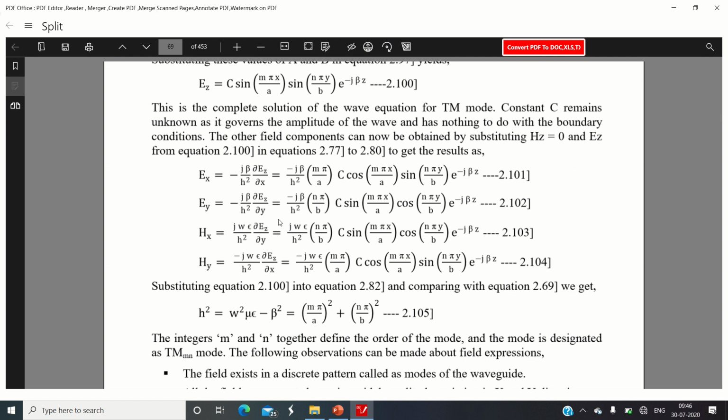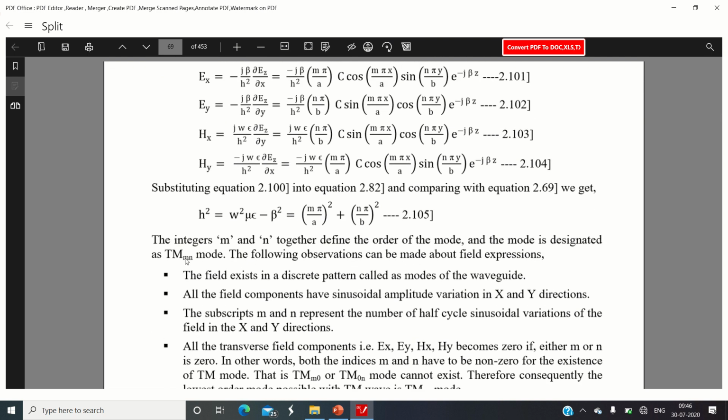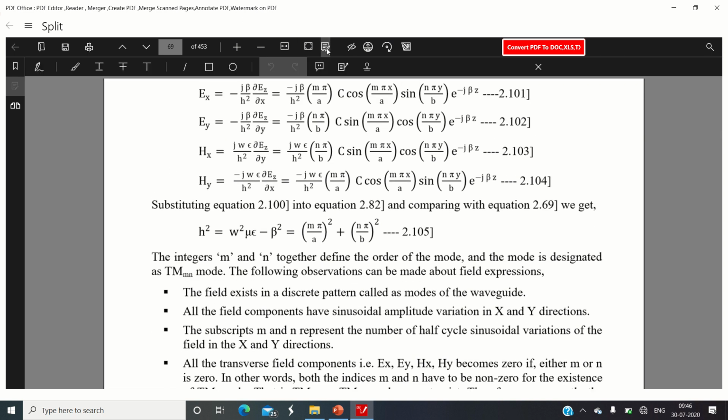Now here are some important observations. We have already derived these equations, and there we defined the meaning of small m and small n in these equations. Here the small m and small n indicate integers and they define the order of the particular mode, and the mode is designated as the TM suffix mn mode.